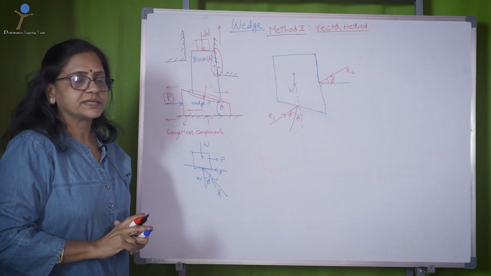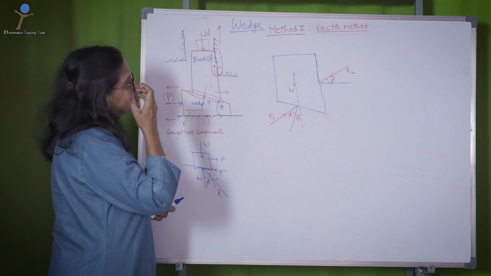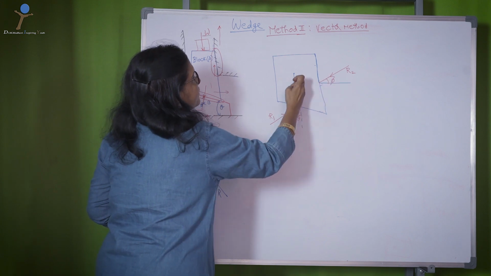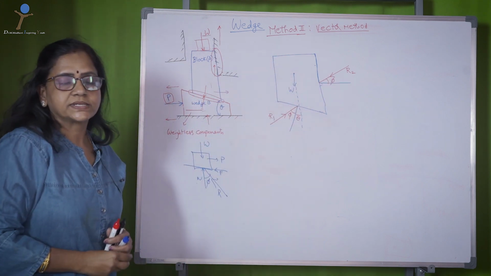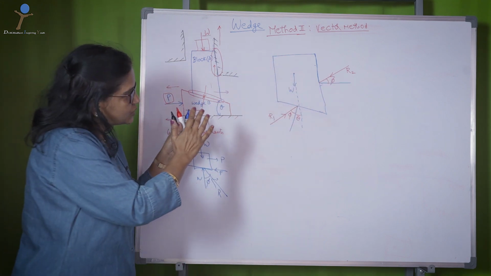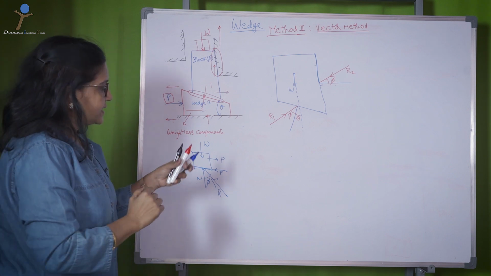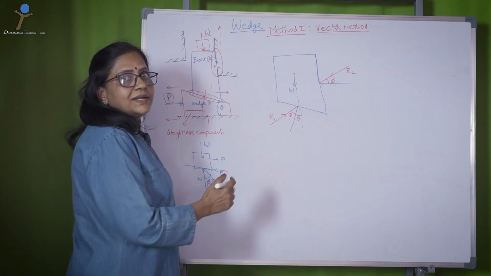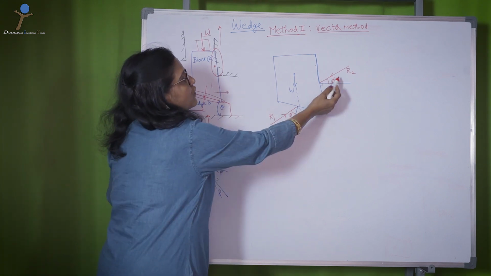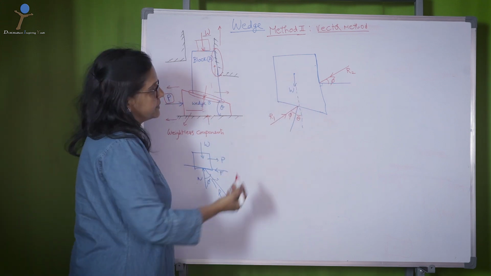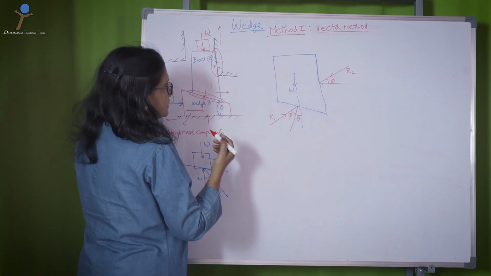Now, since we have three forces, vectors, let us represent those three in a vector diagram. Now let us represent the three forces in a vector method, which goes this way.